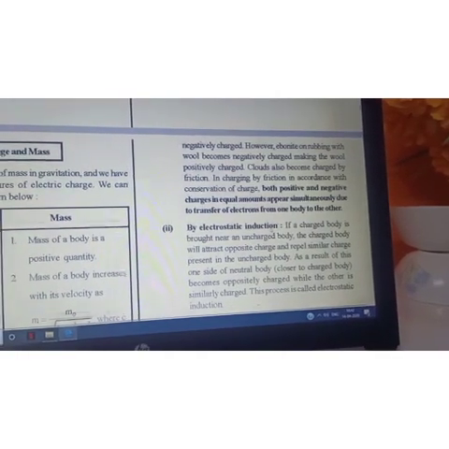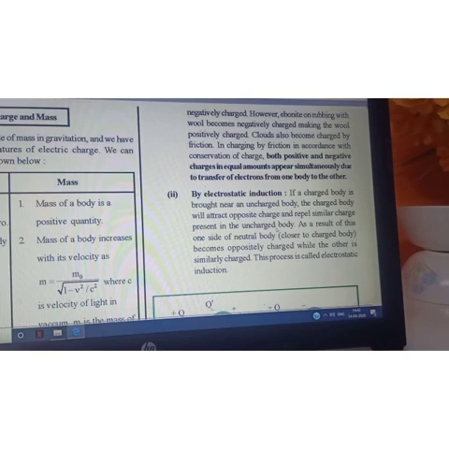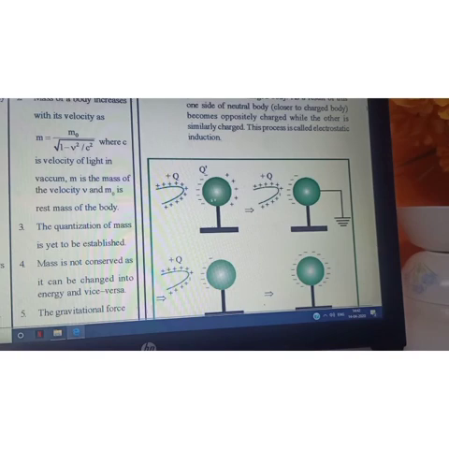The next important process to charge a body is electrostatic induction. Induction is a method in which a charged body is brought near an uncharged body. This is a charged body with an excess of positive charge, and here is a neutral body that has both positive and negative charges.